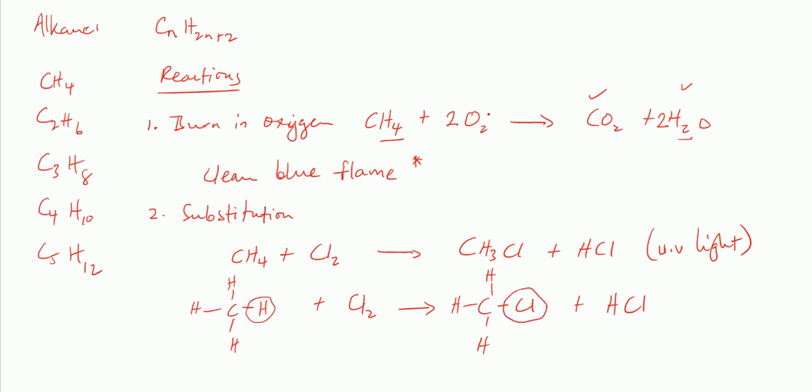So that's what you're seeing here, right? And chlorine could actually replace several of the hydrogen atoms from methane, right? So there are multiple products that can be produced in this case, right? And well, we also already said that alkanes can be cracked, right? Could use thermal cracking.